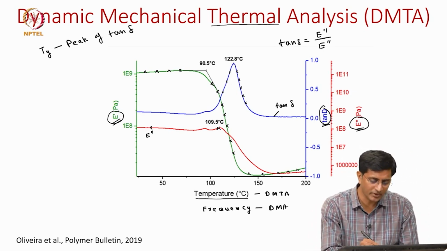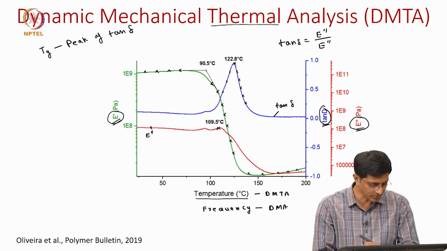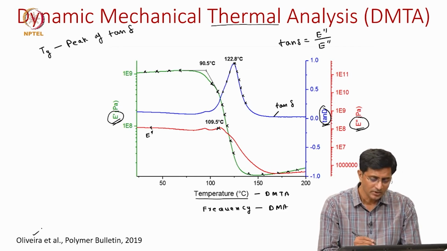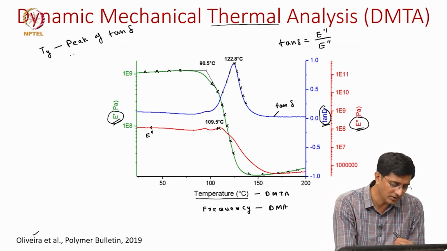So, what is the peak of tan delta? This is a plot for an epoxy from this literature. We can notice that the glass transition temperature here is 122.8 degrees centigrade.